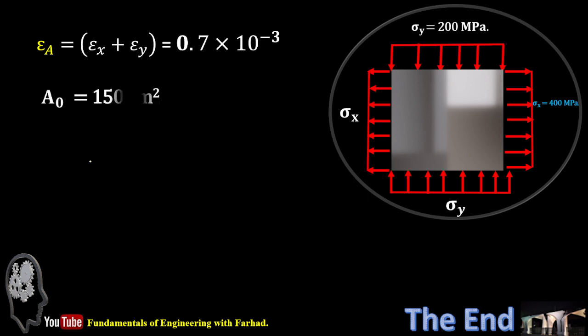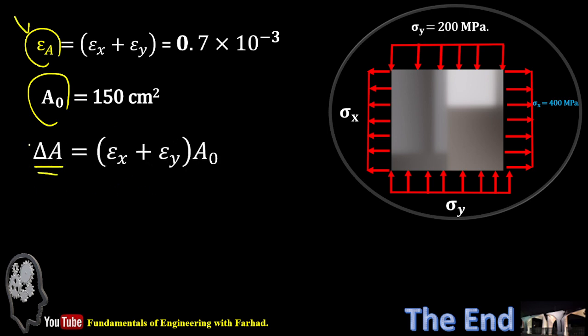We already have A naught, and we calculated epsilon a, so the delta in area is epsilon a times A naught.